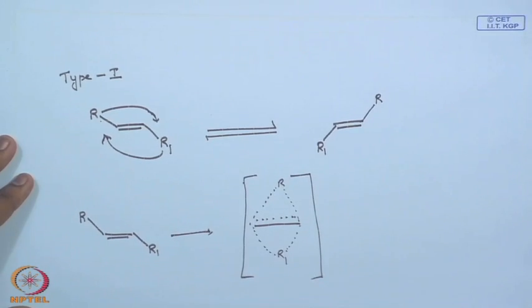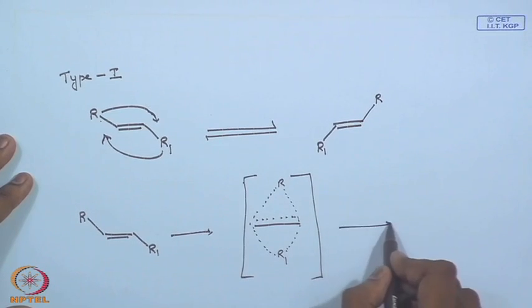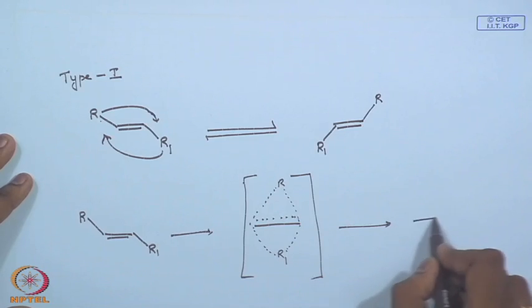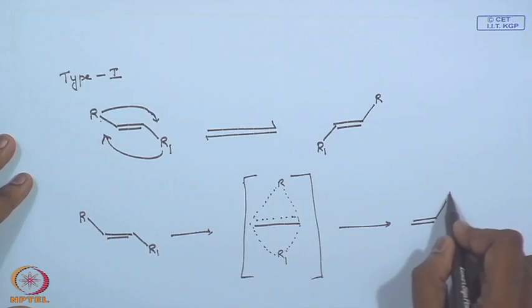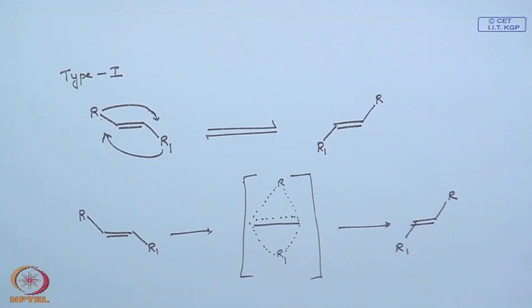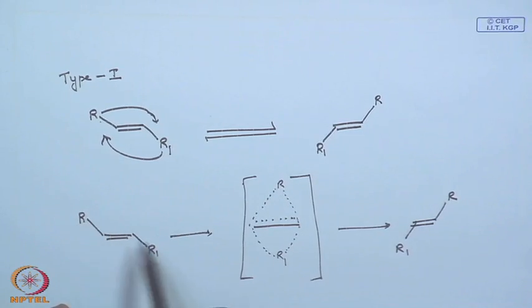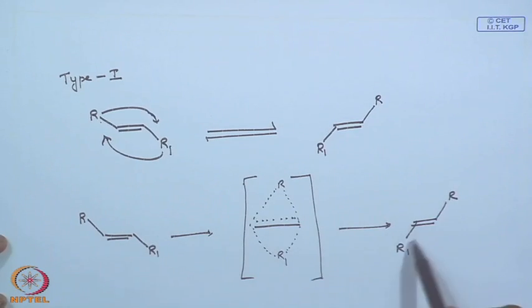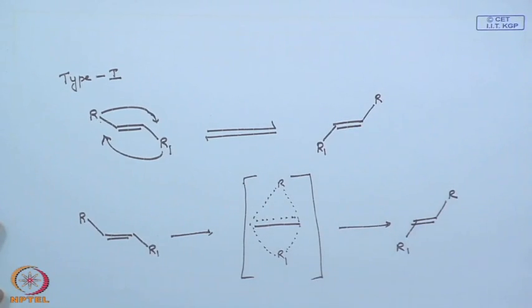This then gives me the change of R and R1. So this is your type 1 mechanism, a type 1 dyotropic rearrangement. It is concerted, and you can see the two groups just interchange their relative position.